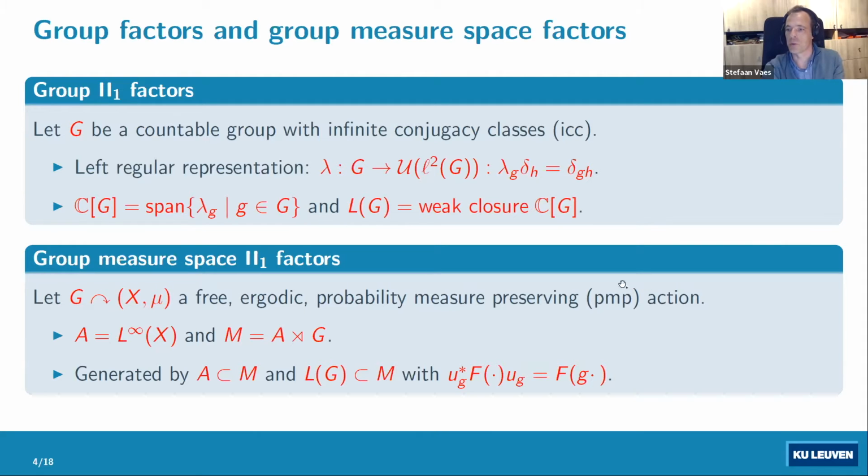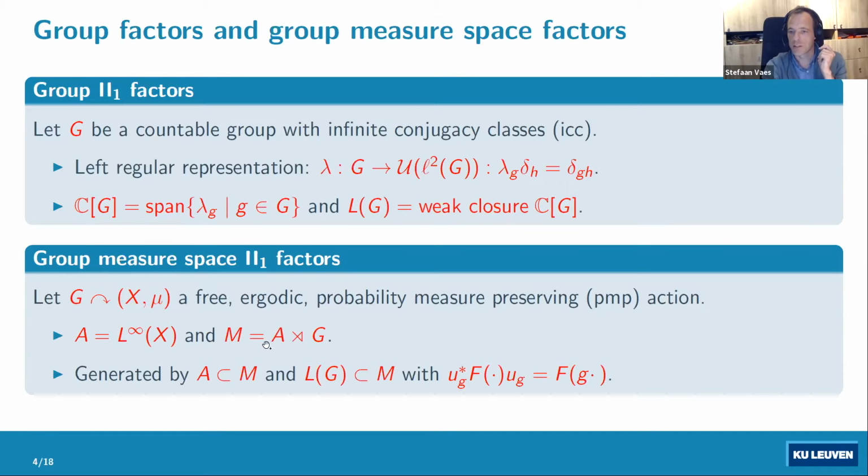That will usually be abbreviated as PMP, probability measure preserving. And then in order to ensure that we get a factor and a good theory, the assumptions are that the action is sufficiently non-trivial, and we will right away assume that it is free. So stabilizers are trivial, say almost everywhere, and that it is ergodic. So G-invariant sets have either measure 1 or measure 0. And in that case, you can build a II_1 factor.